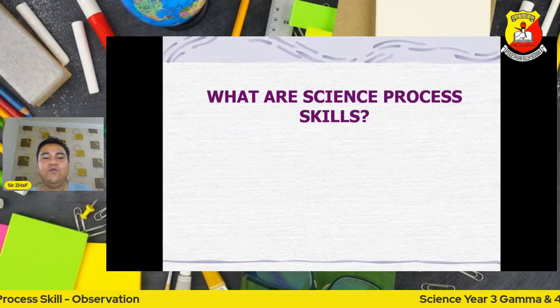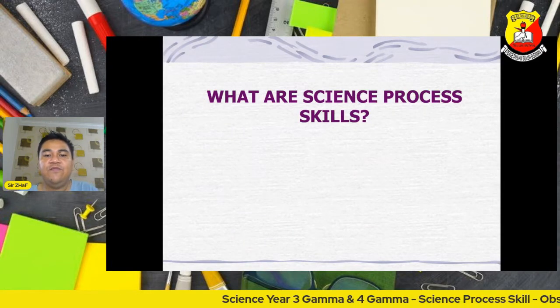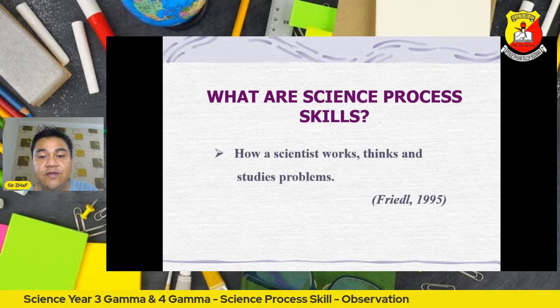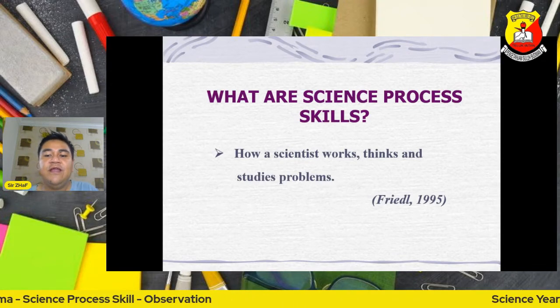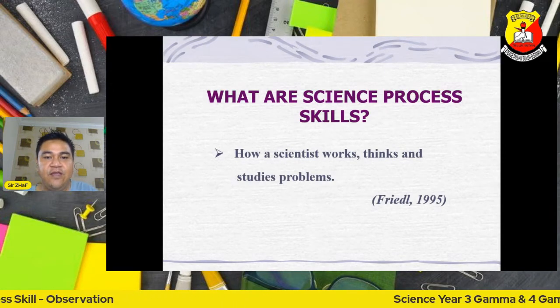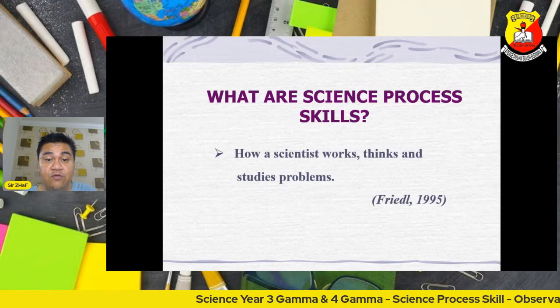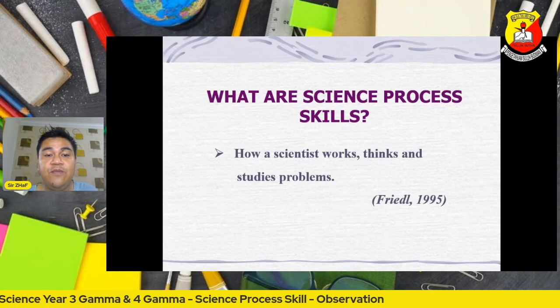First, you need to know what science process skills are. How a scientist works, thinks and studies problems, by Fred 1995. Science process skill is how a scientist works, how they do their work, think and study their problem.